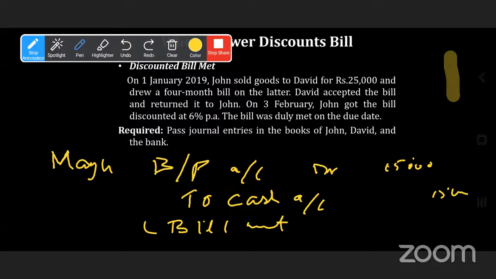The second one is February 3rd, when John got the bill discounted with the bank at 6% per annum. Now pass these entries in these two books.